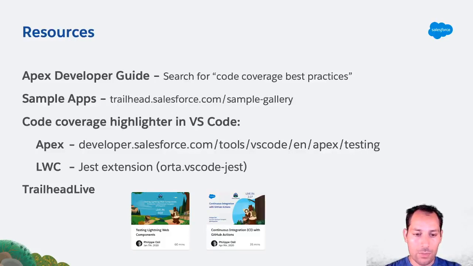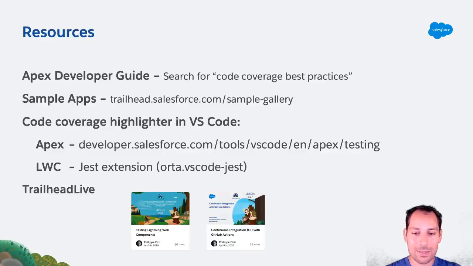Now, if you want to set up the code coverage highlighter in Visual Studio Code, I want to point you to two documentation resources. First one is the Apex documentation for VS Code. The URL is a bit long, so I'll let you look at it. You can watch the recording if this was too fast for you, but it's kind of hidden.